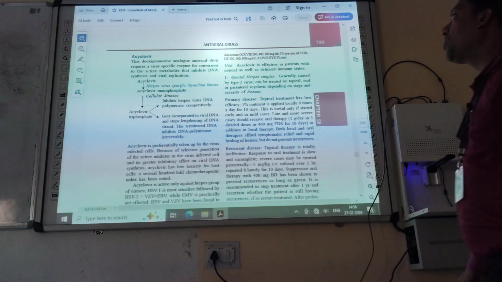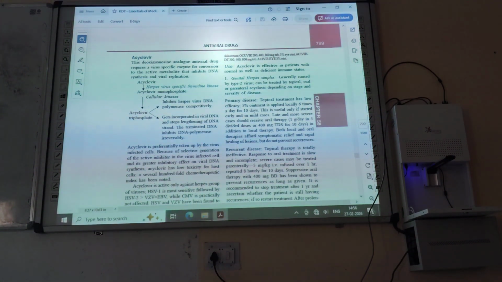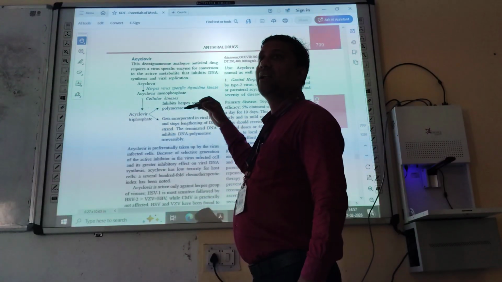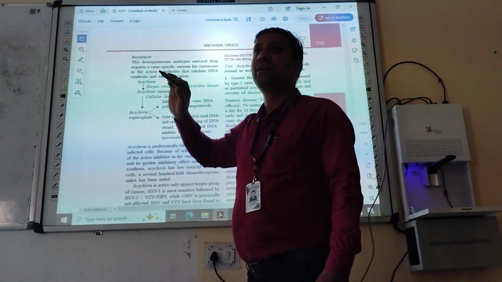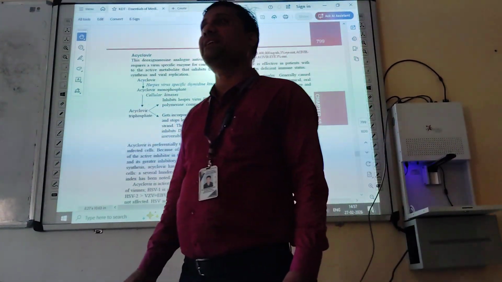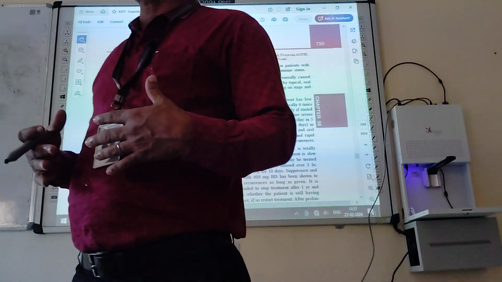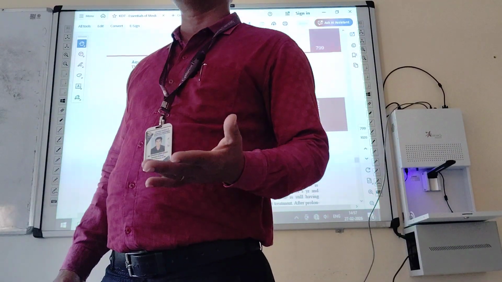Acyclovir is a deoxyguanosine analog. Analog means just similar. Like guanosine, the acyclovir structure is the same. If two candidates with similar faces are there, can we easily identify who is Samir and who is Rajiv?